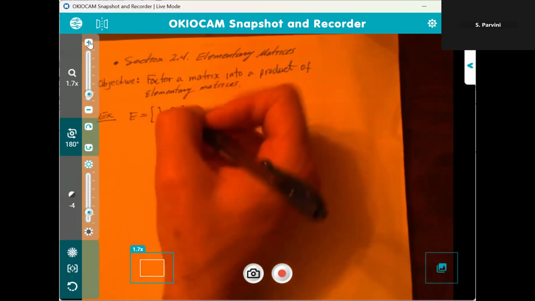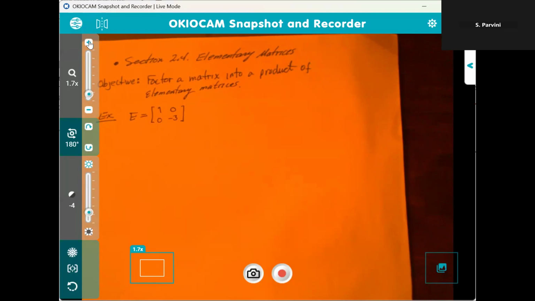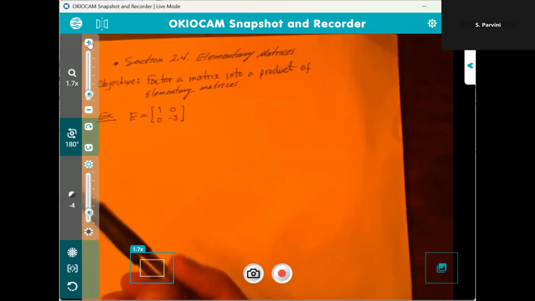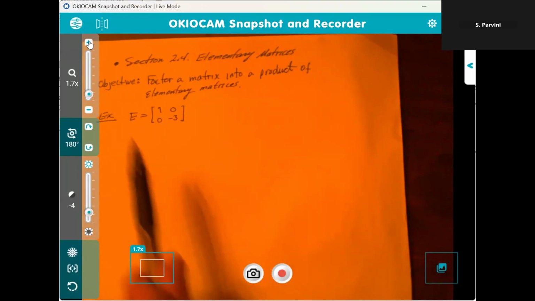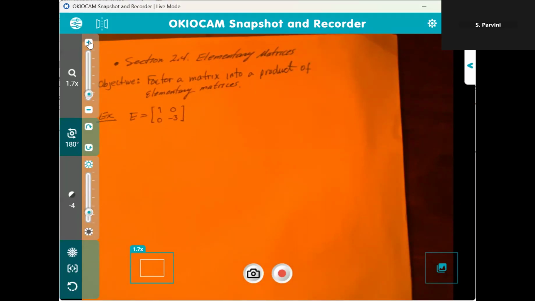Remember, this is a 2 by 2 identity matrix. I should say it's not; it used to be before I did something to it. So what do you think happened to the identity matrix? I did a single operation. What do you think I did to the identity matrix to get what you're looking at?